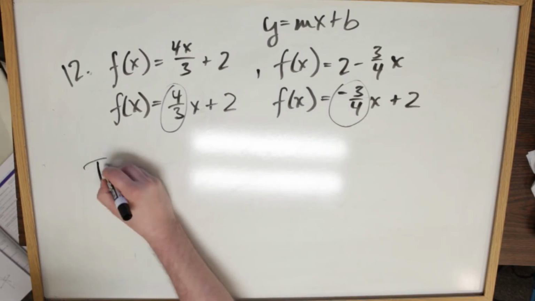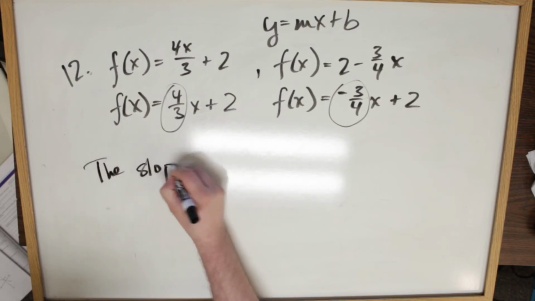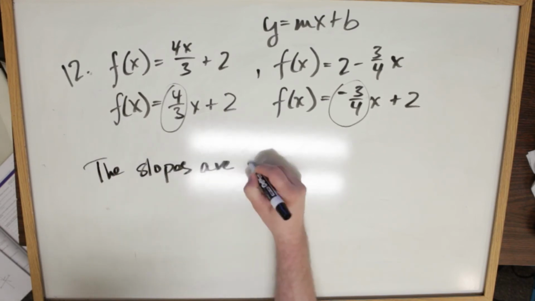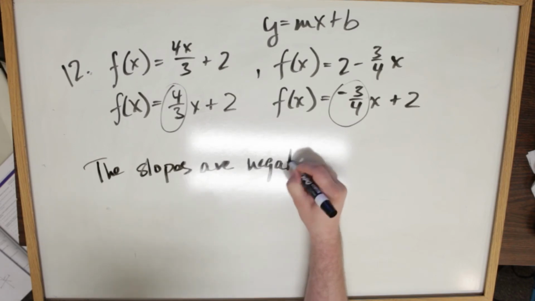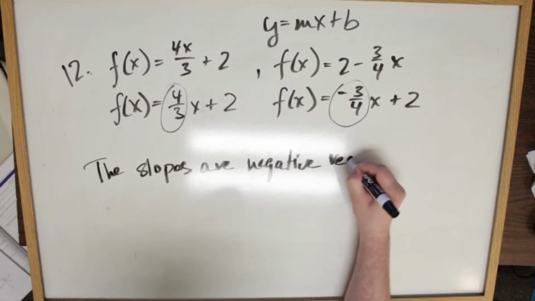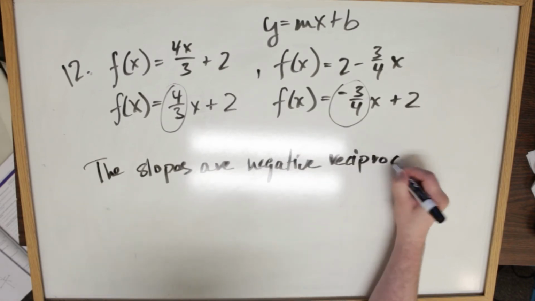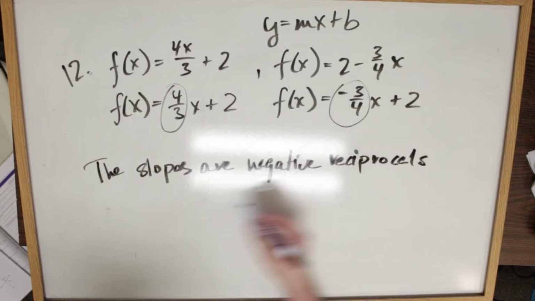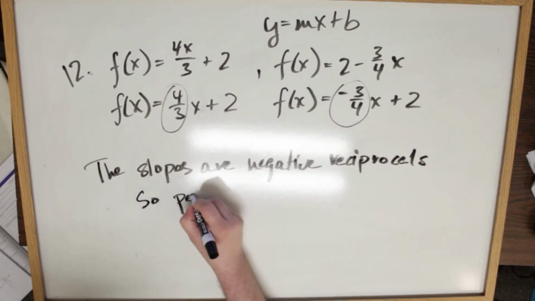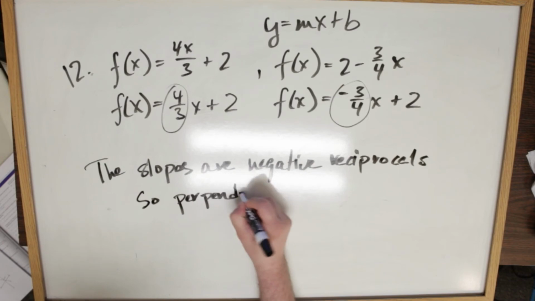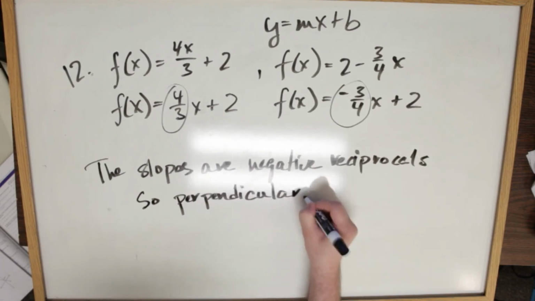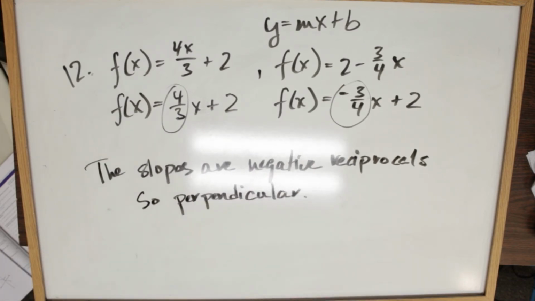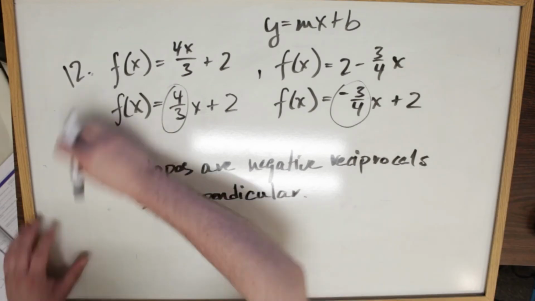So the slopes are negative reciprocals. So perpendicular. All right, so that's question 12.